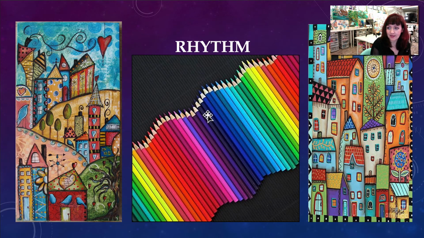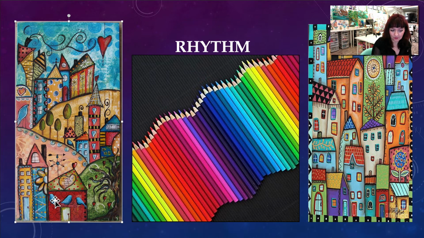Here are some examples. Even though in the far right and left images they're not really the same, the artist is repeating the same concept, houses, in different shapes and forms. It is a more complex rhythm, but they do have rhythm, right?